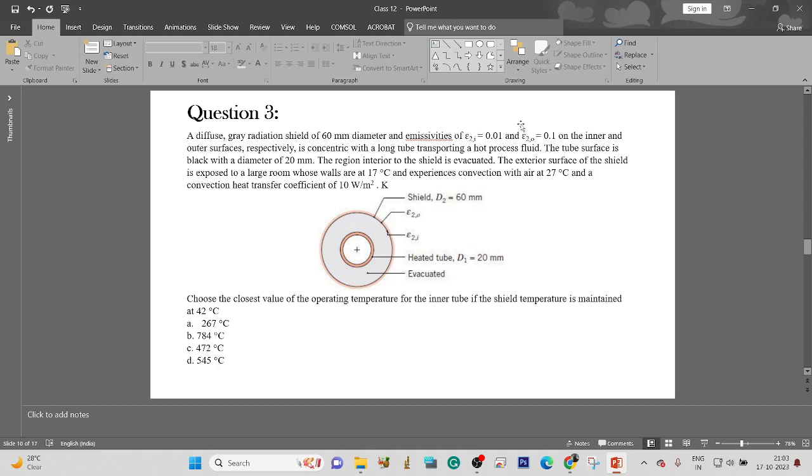Q radiation we can calculate from the Stefan-Boltzmann law: epsilon 2 sigma A2 (T2 to the power 4 minus T surrounding to the power 4), for the surrounding wall, and Q convection is h A2 delta T, where delta T is T2 minus T infinity between the air and the outer surface of the shield. If we put in the corresponding values, we can get the temperature.